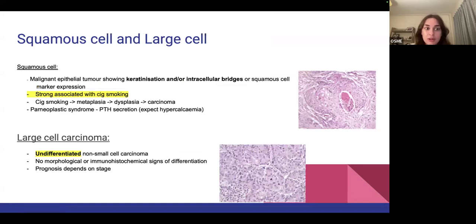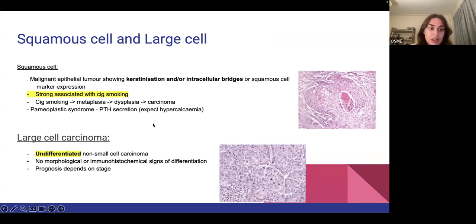So squamous cell and large cell cancers. Squamous cells are the same type of tissue that's normally found on the skin. So if you're getting squamous cell tumors in your lung, they'll have things like keratinization and intercellular bridge formation, or squamous cell marker expression. These will be the key phrases in the question that will drive you to think, okay, instead of adenocarcinoma, it might be a squamous cell cancer.